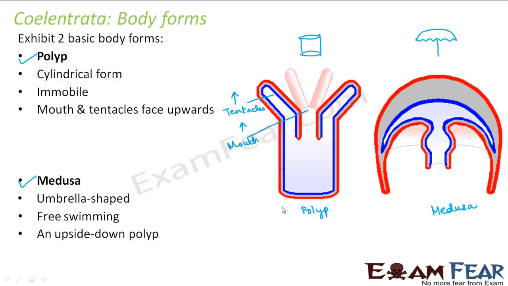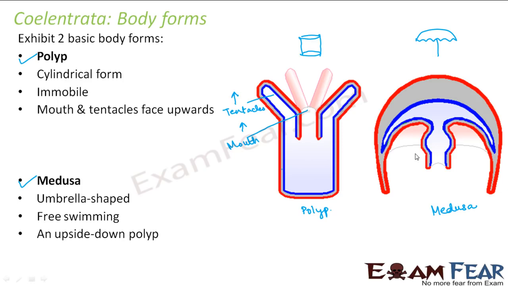But in this case, what is this? Medusa is an upside down polyp. You can just imagine it as an upside down polyp. If you invert a polyp, you get medusa. So these are the two basic body forms in which a Coelenterata exists. When you look at the structure of Hydra, what do you think? Is Hydra a polyp or a medusa?